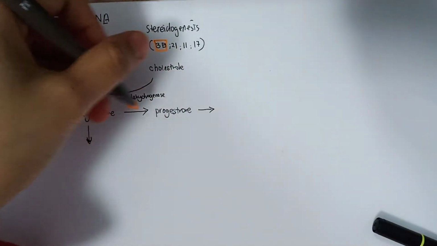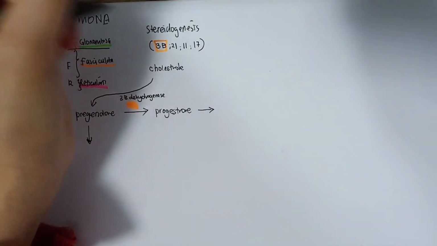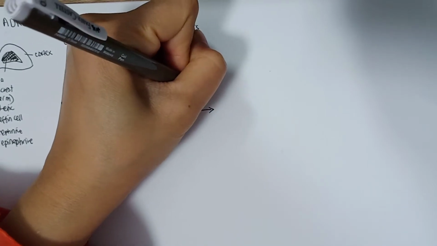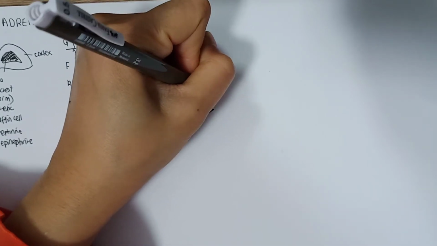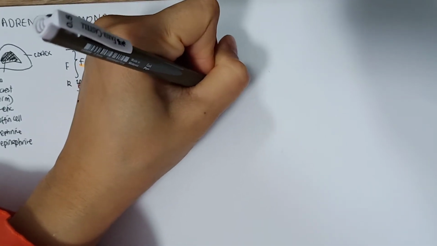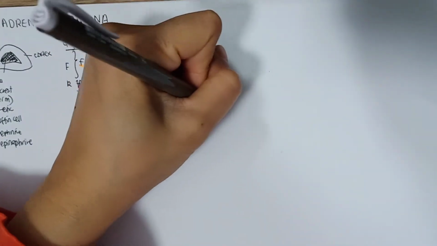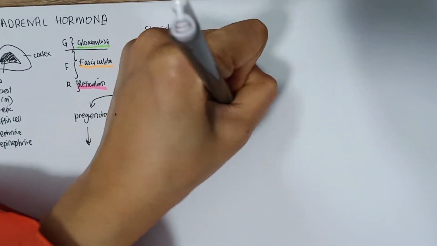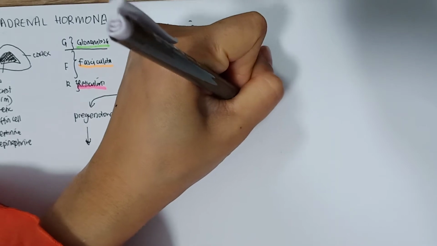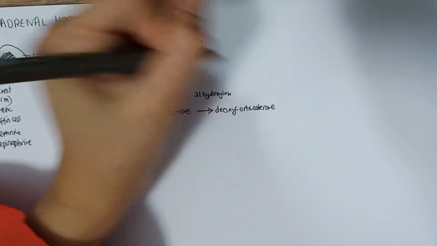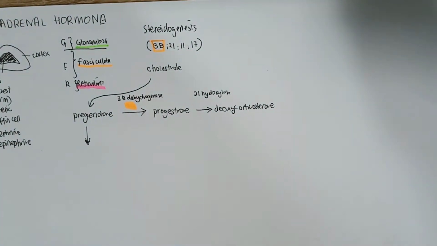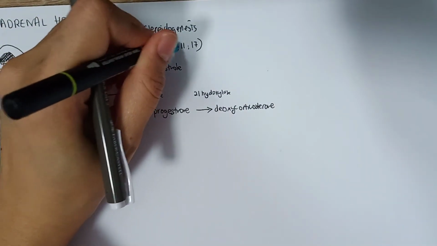So from progesterone, it will further convert by 21 hydroxylase into deoxycorticosterone. Let's color this into blue.